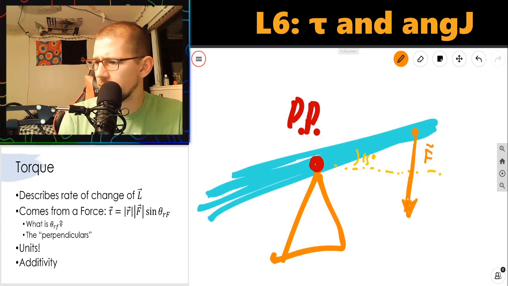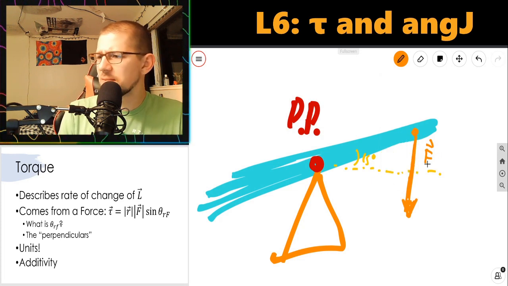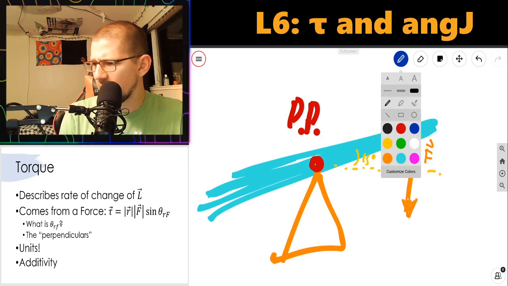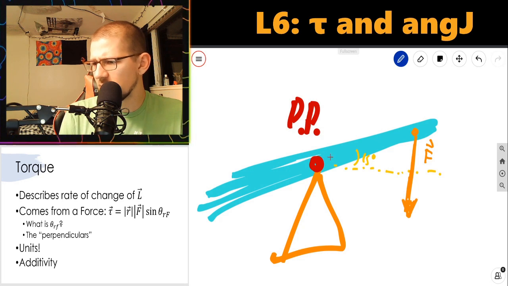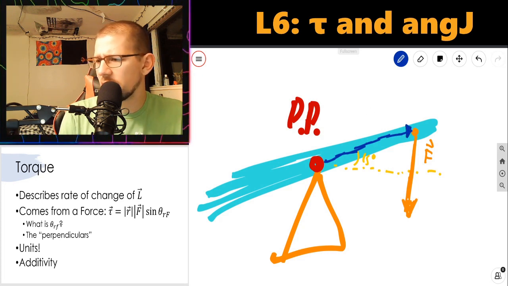There's my force. The torque caused by this force isn't just the force itself. It's the force scaled by the perpendicular distance. Let's get a little bit more concrete yet again. Here's my r, the displacement vector relative to the pivot point.